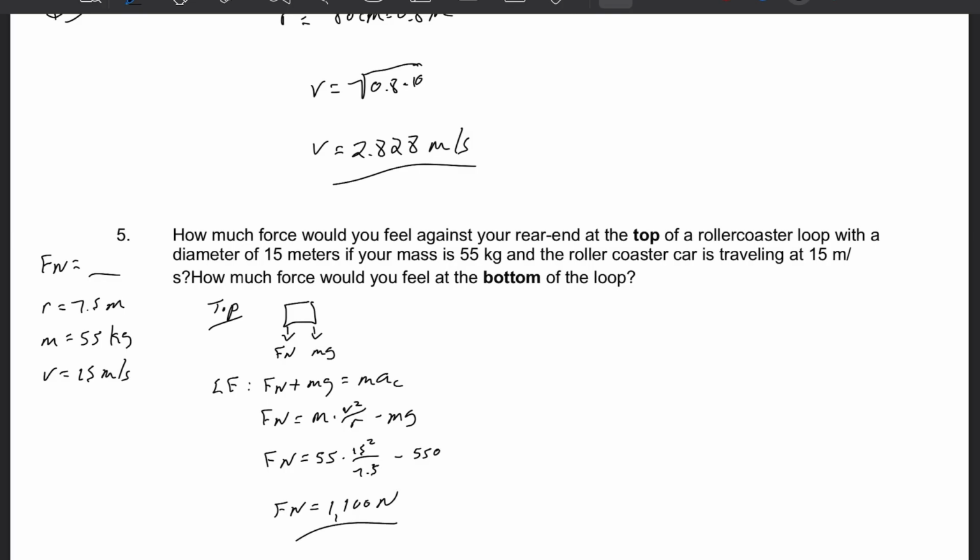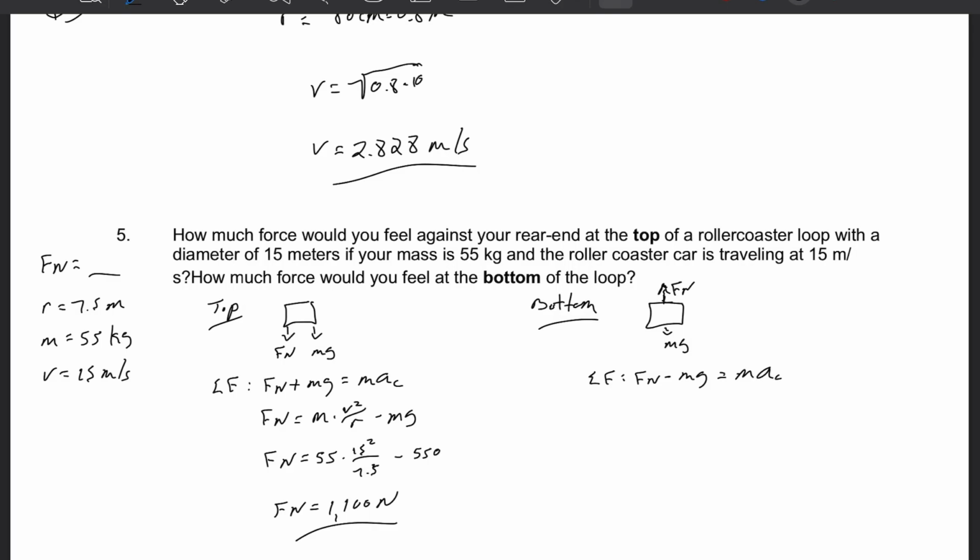For the bottom, a little bit different. Start the free body diagram. At the bottom, force normal is up, mg is down. We know the net force has to be center seeking, so force normal is going to be greater than mg. That's what's going to keep you in that circle, taking you back up. So when we set up our net force equation, we're going to say force normal minus mg, they're opposing each other, opposing directions. Force normal is larger.